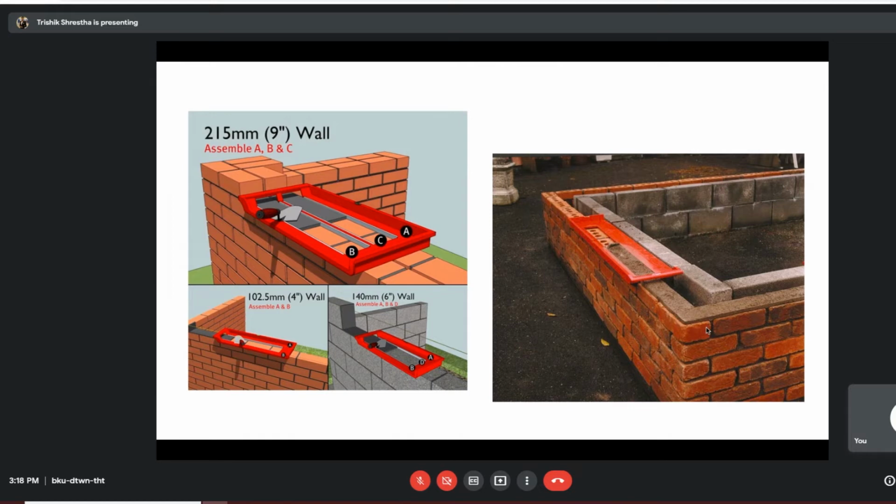The tools that I've shown you just now are very inexpensive. It's just a matter of taking that step forward into wanting to innovate, into wanting to do things slightly better. This is what happens when you do things just slightly better in the construction industry. You save a lot of money.